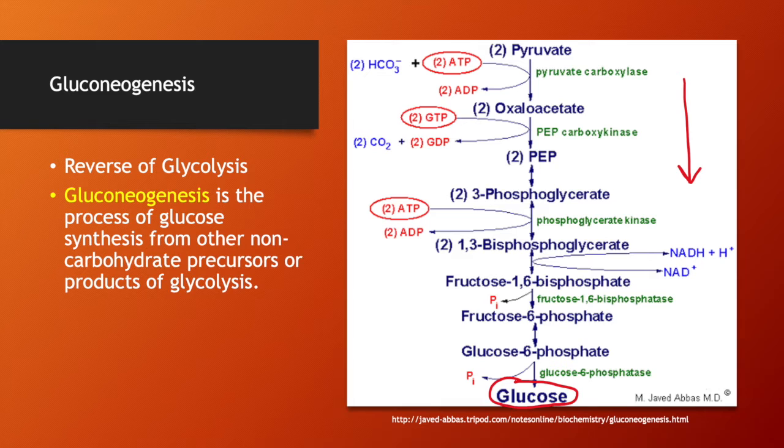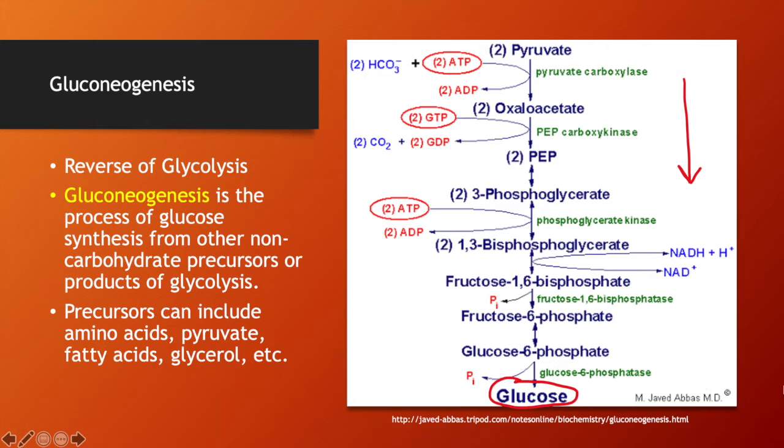The purpose of gluconeogenesis is to synthesize glucose, and to do this we need other non-carbohydrate precursors or products of glycolysis, which in this case is pyruvate being used to synthesize glucose. Other examples of non-carbohydrate precursors can include amino acids, fatty acids, and glycerol.